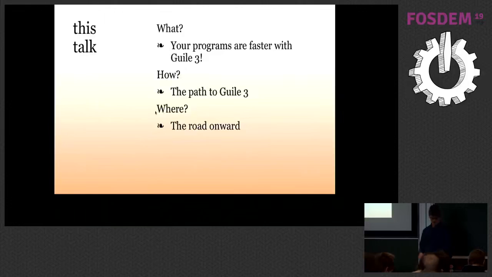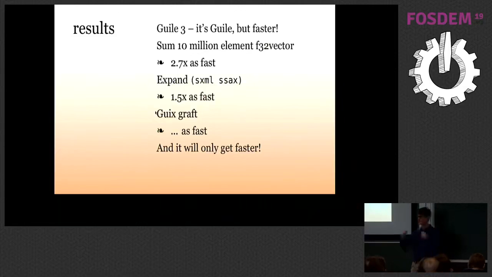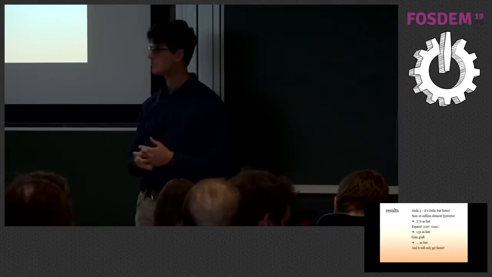But I'm going to skip to the end of the talk already with some results. If you're summing a 10 million element vector of packed floats or something, it runs 2.7 times as fast as Guile 2.2. If you take a task which is less computational in terms of tight loops, but still very general purpose, like running the macro expander on this SXML source file, it's about 1.5 times as fast.